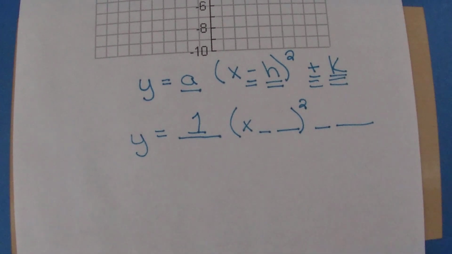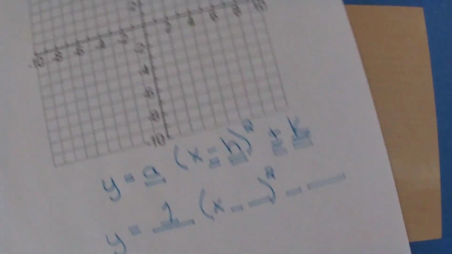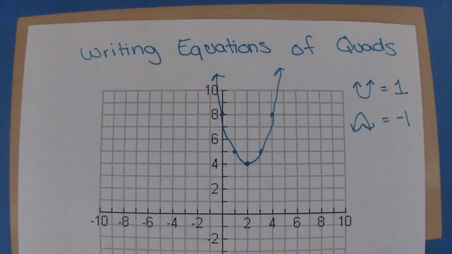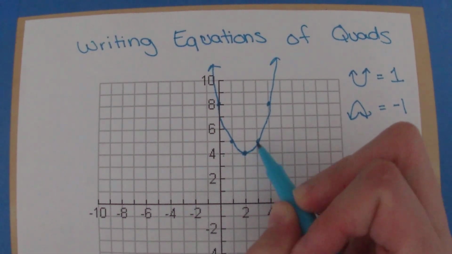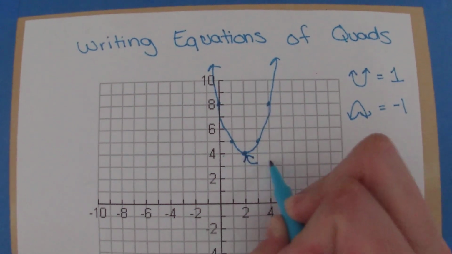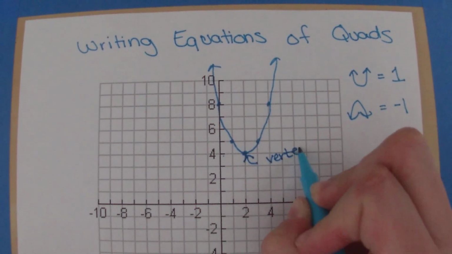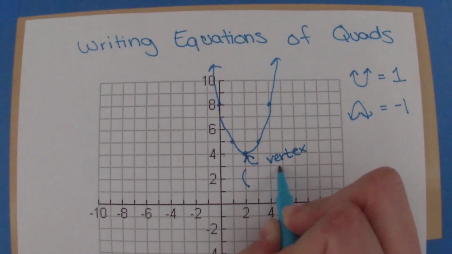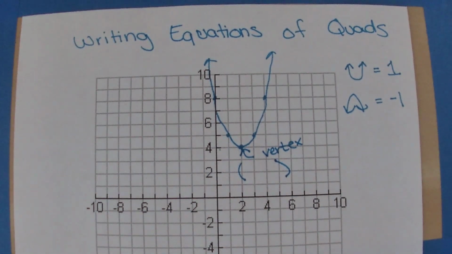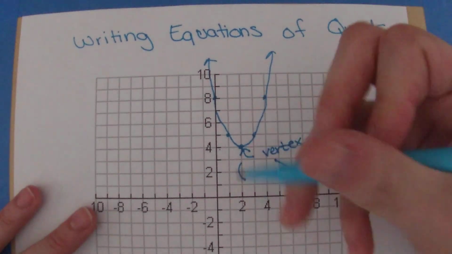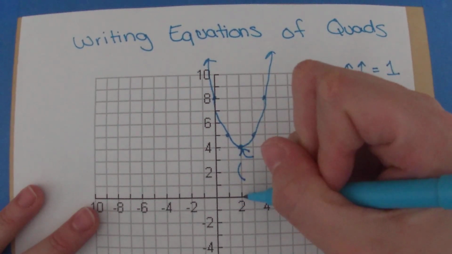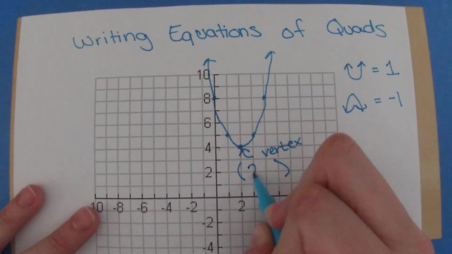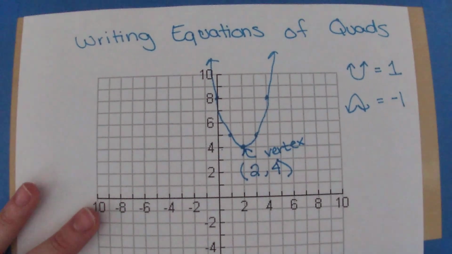Then the h and the k we can determine by finding the vertex. And remember, the vertex is that high or low point. So in this case, it's this very bottom of the parabola right here. This is our vertex. So instead of plotting the ordered pair, we're now going to name the ordered pair. So this is the ordered pair (x, y) = (2, 4).